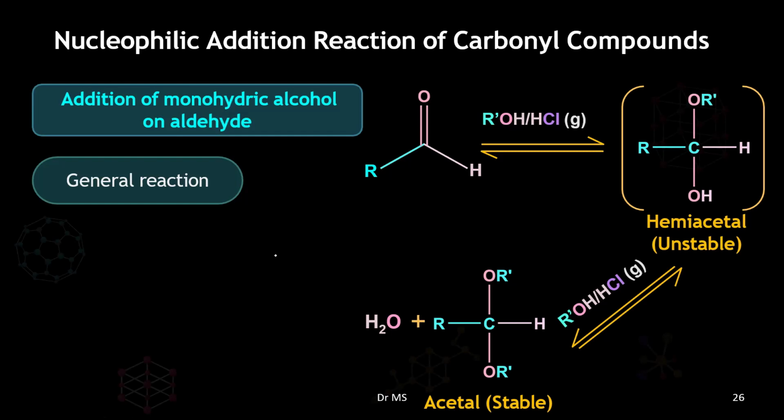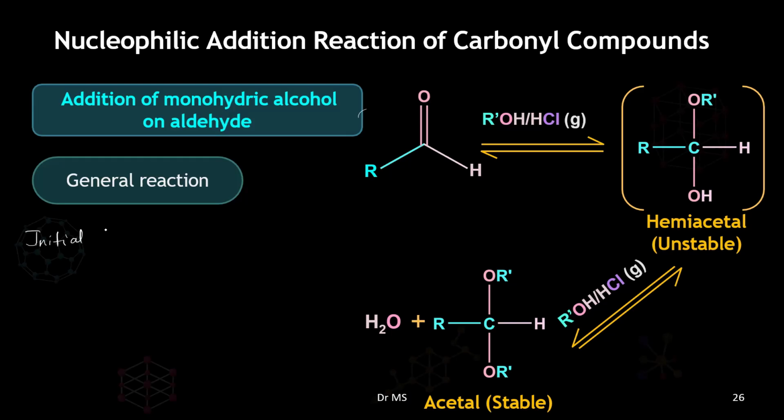Whatever the aldehyde group is there, this is the aldehyde group where the carbon has R on one side, and on the other side hydrogen is present. This aldehyde group will react with the alcohol in the presence of hydrogen chloride, which is an acid catalyst. Okay, so what happened? There will be an initial reaction.